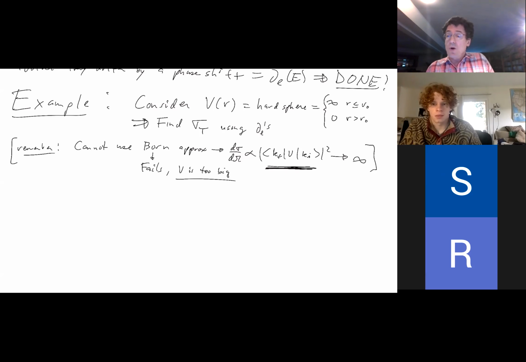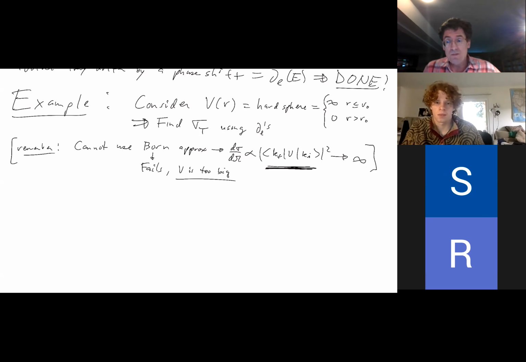But the partial waves don't care. Partial waves don't care if your potential is big or little. Partial waves always work. The partial waves only care that your potential goes to 0 at infinity.